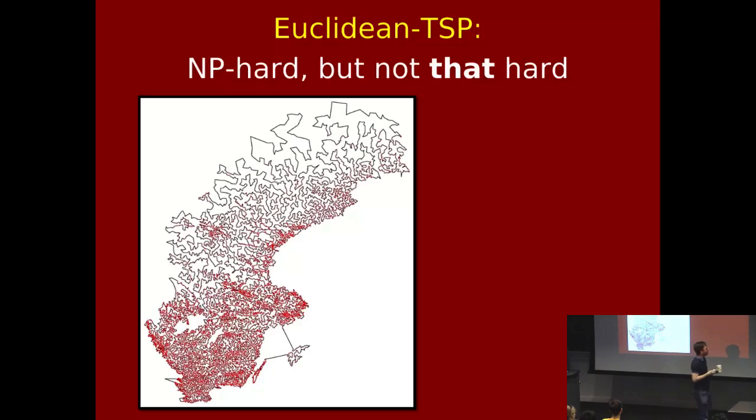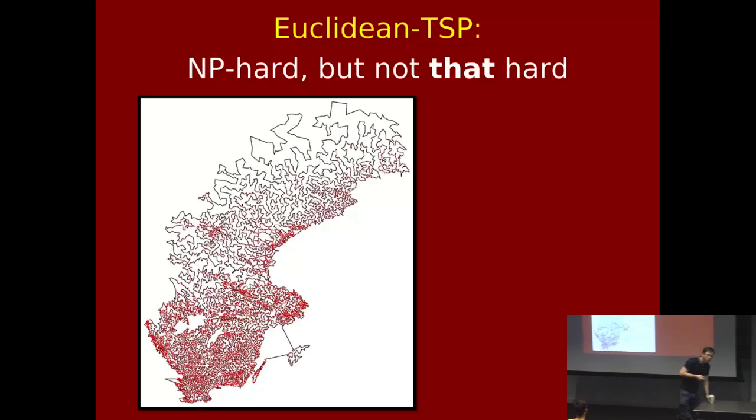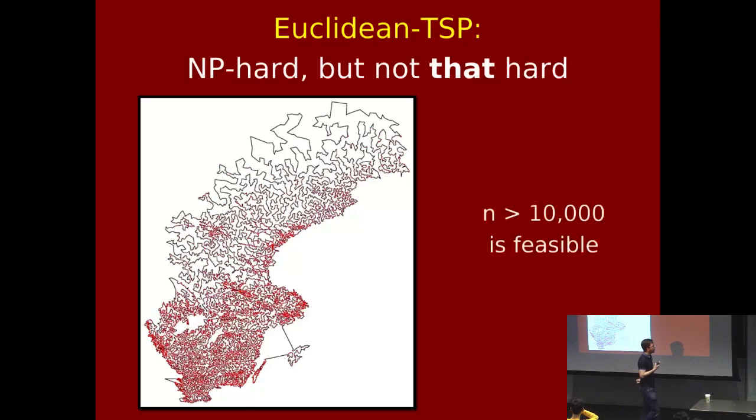So this is an example of the optimal solution to a TSP instance with about 10,000 vertices. They're all towns in a certain country. Anybody say what country this is? Sweden, thank you. That's right. You've got the islands here.